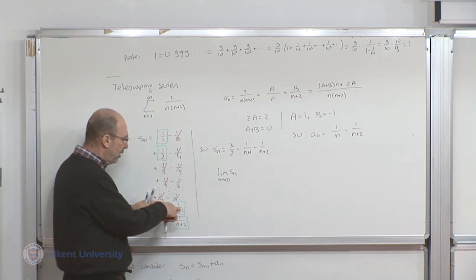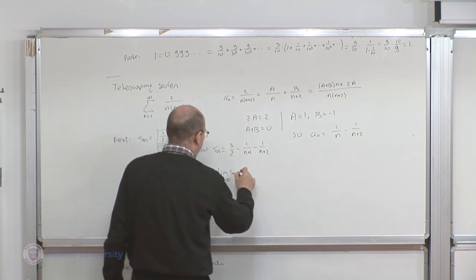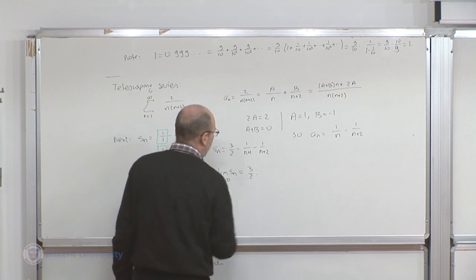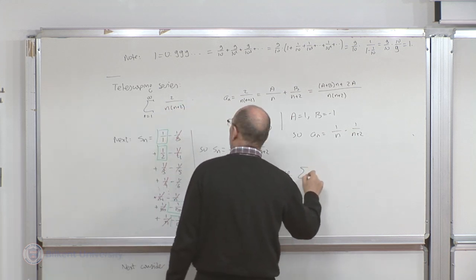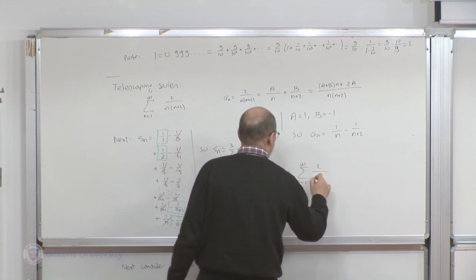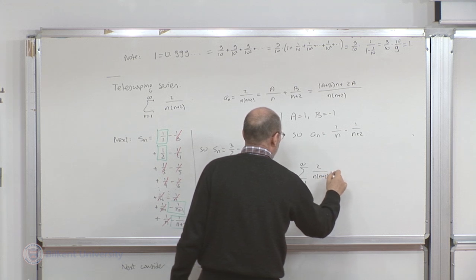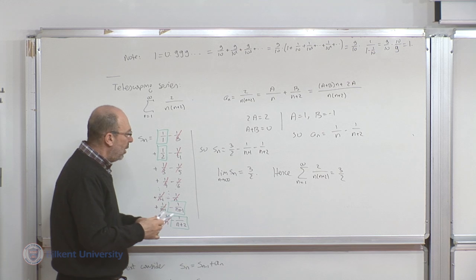And they are always 1 over n plus something, so they go to 0. So 3 over 2. Hence, the summation from n equals 1 to infinity of 2 over n(n+2) is equal to 3 over 2.